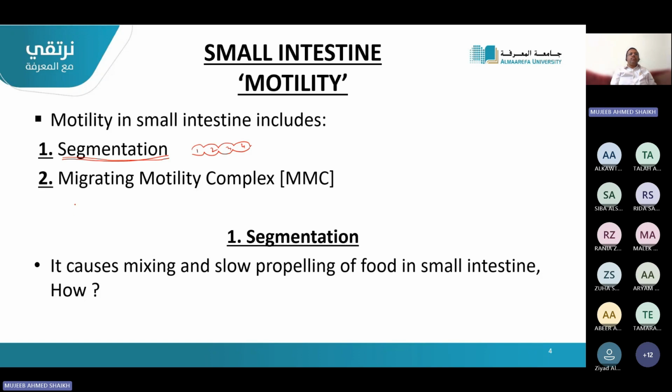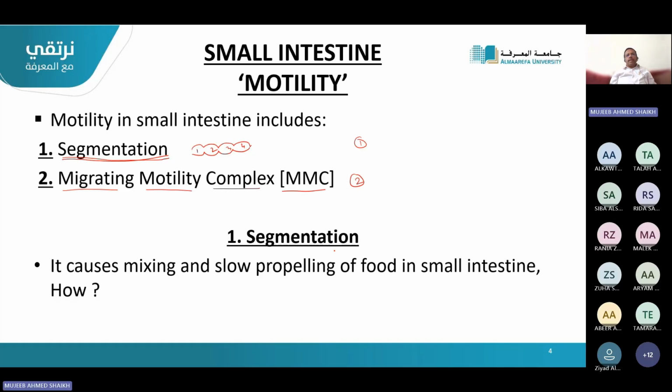The second type of motility is known as the migrating motility complex, or in short form, MMC. So two types of movements are seen: segmentation and MMC.